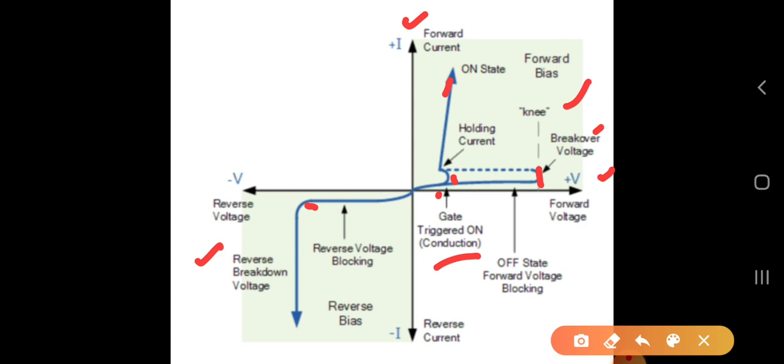You need to increase the voltage across the anode and cathode, and at some point it is going to carry a very high current. That is called the reverse current. The point where it conducts the reverse current is where the reverse breakdown voltage occurs.